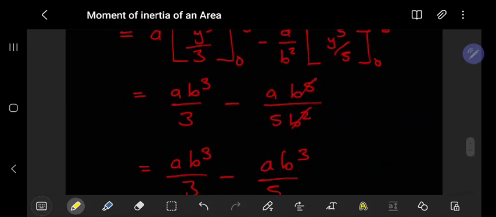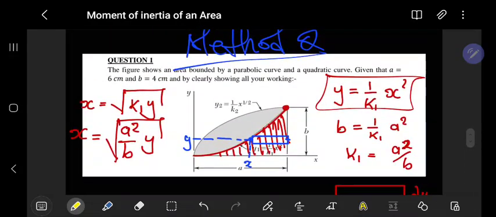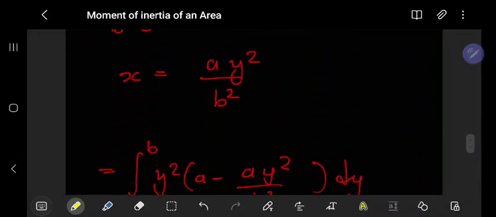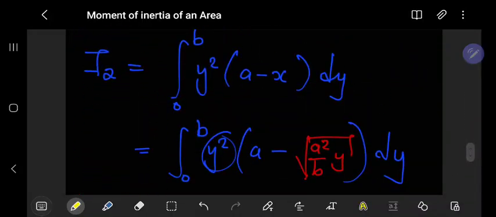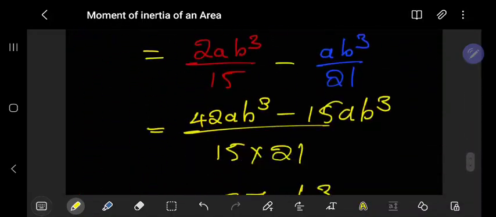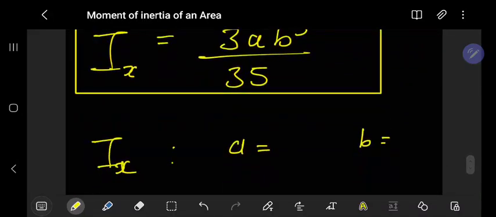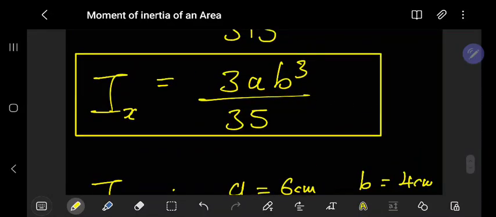Of course, those values were given in the question. So A is equal to 6 centimeters, B is equal to 4 centimeters. Plug them in here and you get your answer, and it will be in centimeters to the power 4.